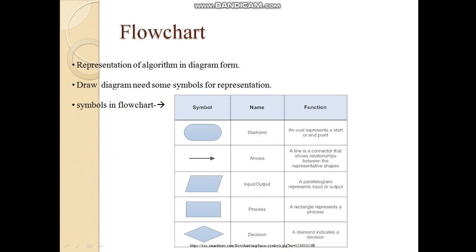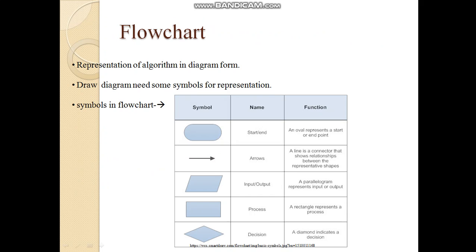The third symbol is used for input and output. The fourth symbol is used for process. Process means, for example, adding the water into the pan, and boiling of the water is a process, and after boiling we add the noodles and tastemaker into that boiling water.